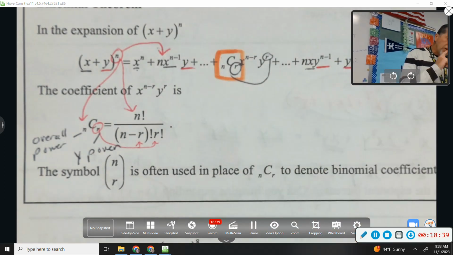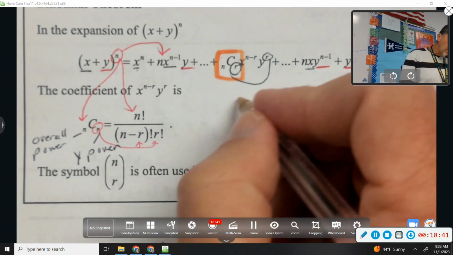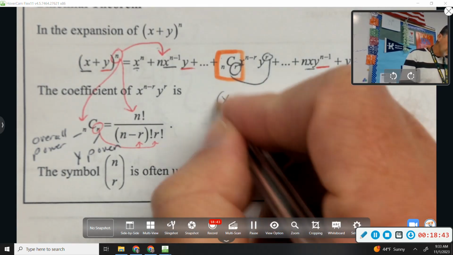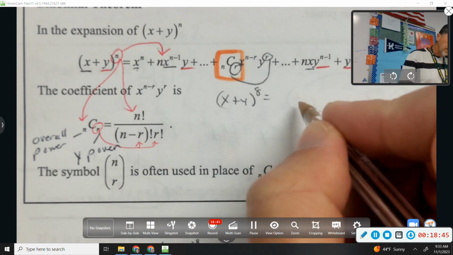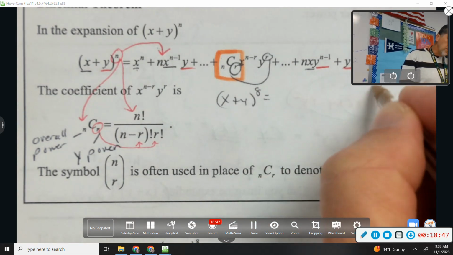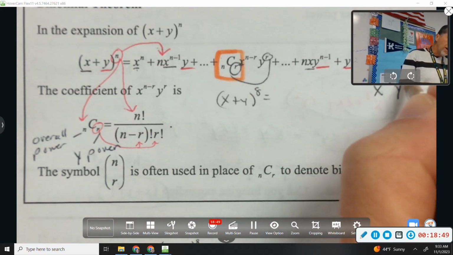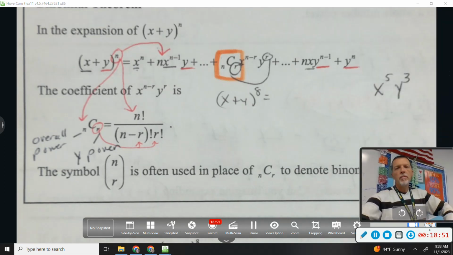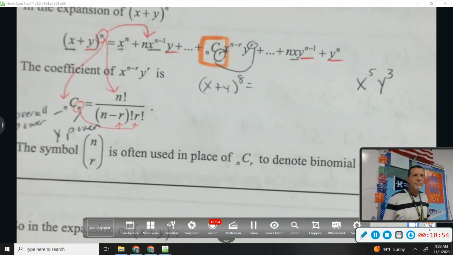Okay, so let's say that we're in our x plus y to the 8th expansion that we looked at earlier. Somewhere in the middle there's an x to the 5th y cubed term. There's a whole bunch of other terms, but somewhere there's an x to the 5th y cubed. You believe that? Because they add to 8.